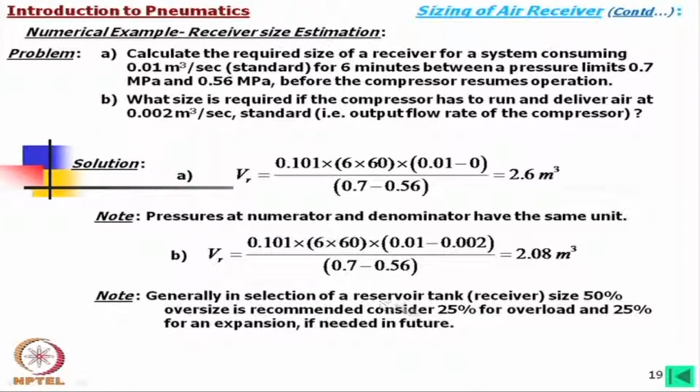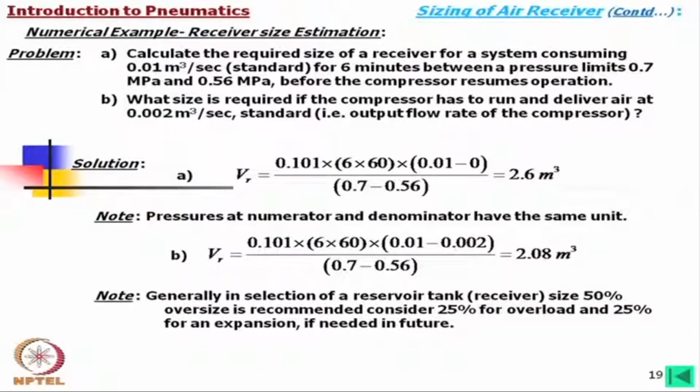Generally, in selection of a reservoir tank, 50% oversize is recommended, considering 25% for overload and 25% for an expansion if needed in future. Say you are designing such a compressor and reservoir for an industry, then first of all you have to consider at least 25% overload may be there.